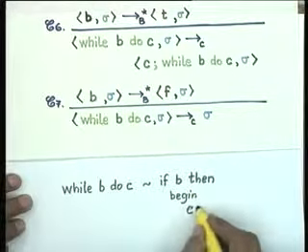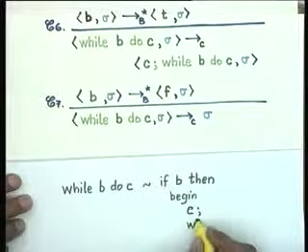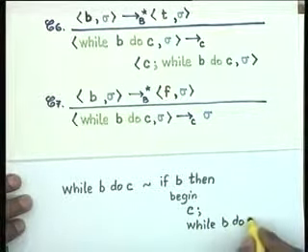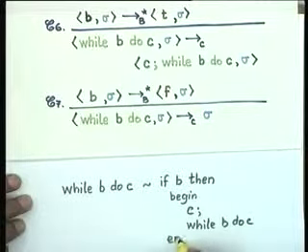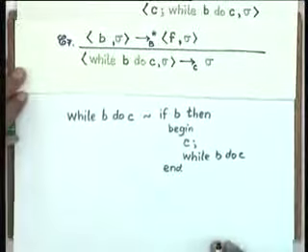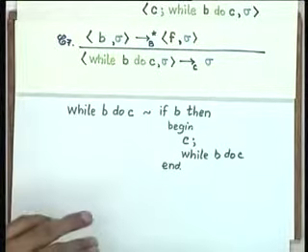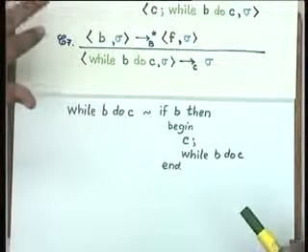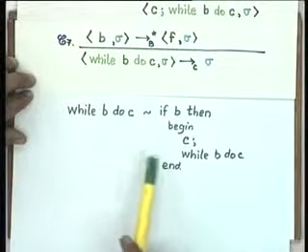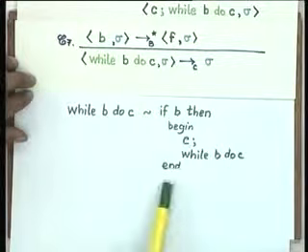Begin C semicolon while B do C. So C6 and C7 are mathematically quite meaningful in the sense that all that they say is that this is equivalent to this.